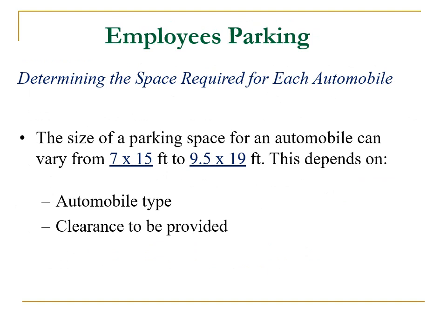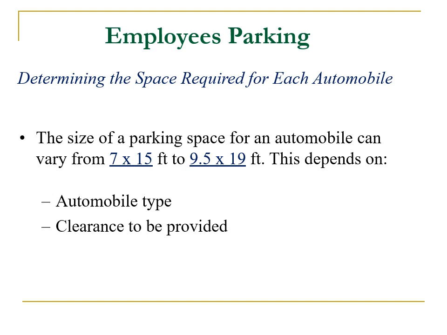Next step after determining the number of automobiles is to determine the space required for each automobile. Of course, you cannot know how many different types of automobiles are being used, and even if you have that information for now, after 1 month, after 6 months, that information will change because people sell and buy new cars, new types, and so on.